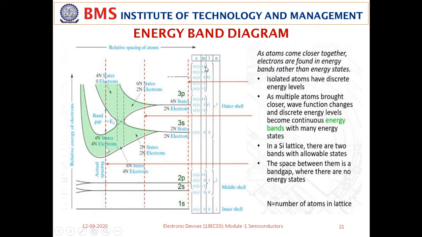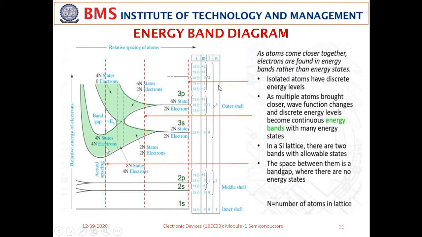So what are these s, m, l, n in general, if you ask me? It is like an analogy of finding my house address. Our address has a specific street number and area number. Even in an atom, s, m, l, n indicate where exactly the electrons are present.